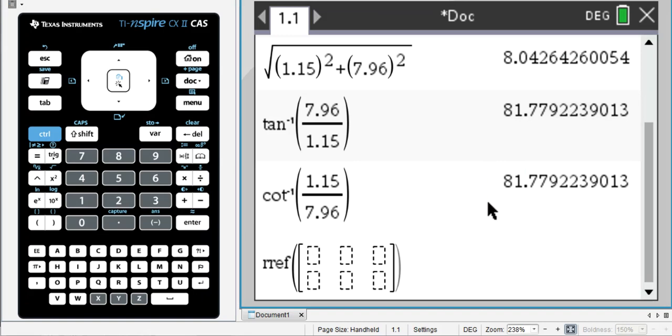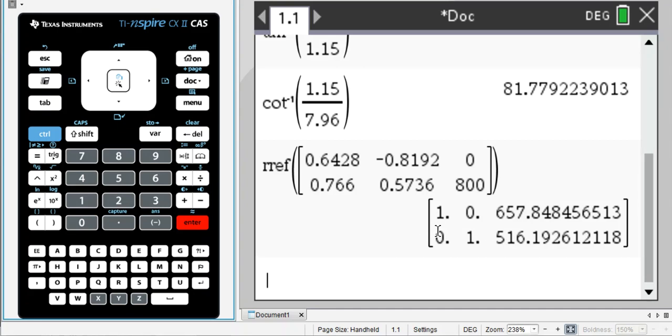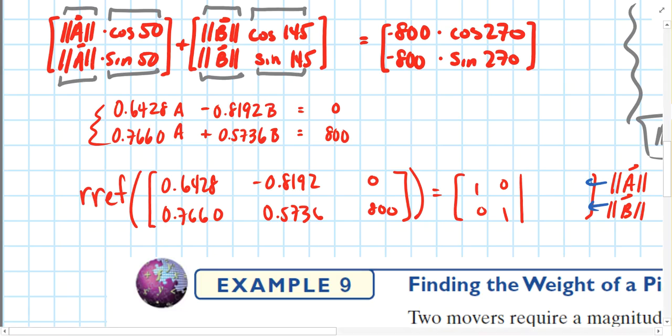And we can enter the decimal values. And it looks like I've got all the values entered as I had written them on the other page, so with any luck, the result that we get is reported in reduced row echelon form, which it does appear to be so. And we've got a result here. It appears that vector A has a magnitude of 657, or 658 when rounded, and vector B has a magnitude of 516.